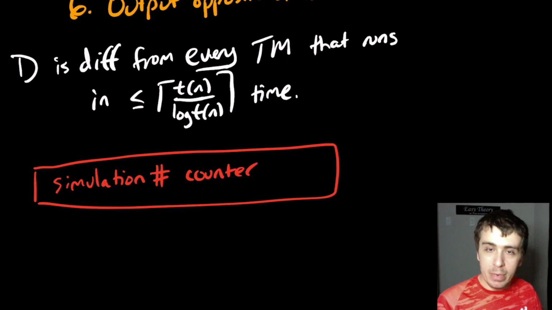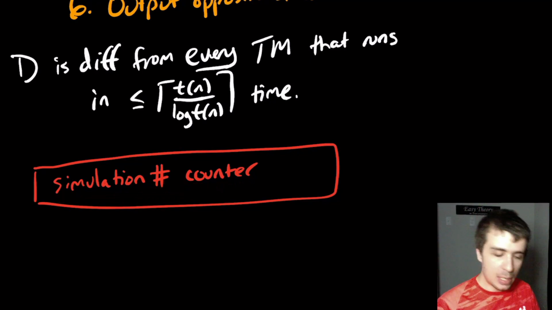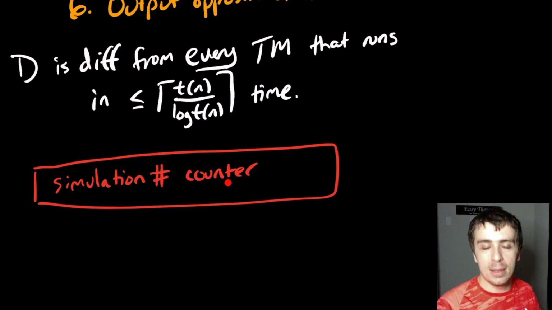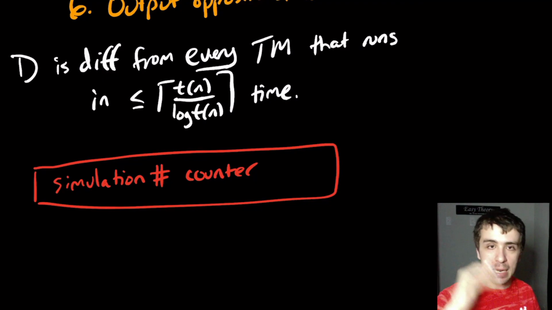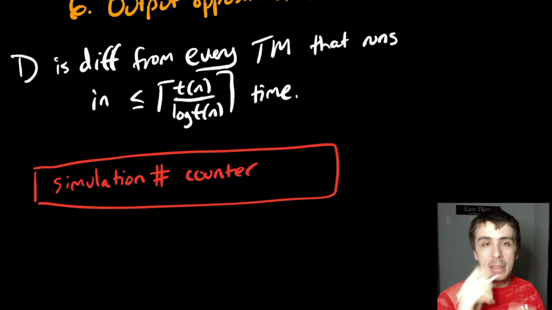So if we were not careful, then this will take way longer time than we actually want. This will actually take more than log T of n time. In fact, it may take T of n time. Forget the log. So if we're not careful, then this updating can be not so great.